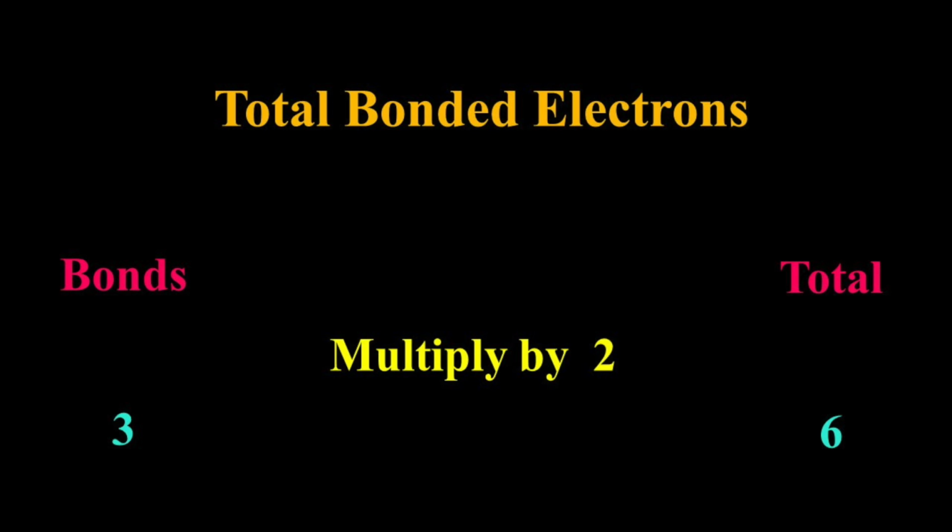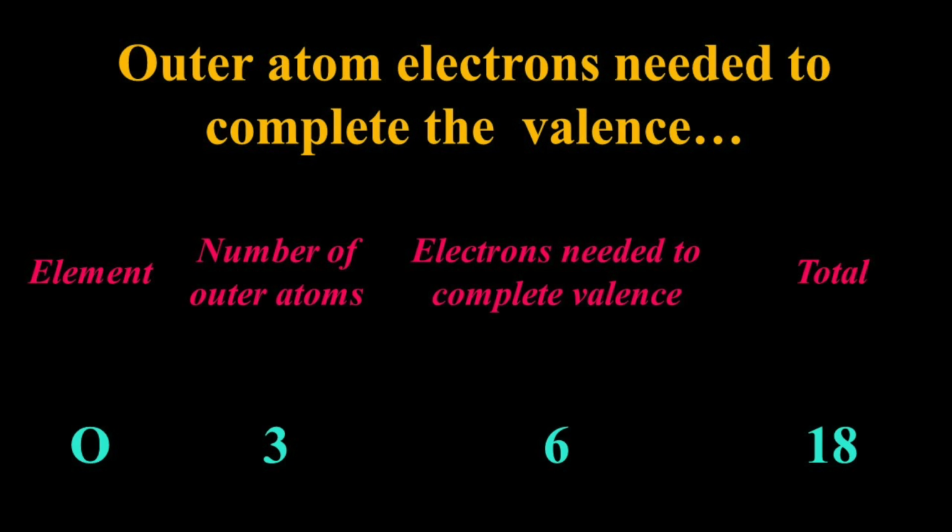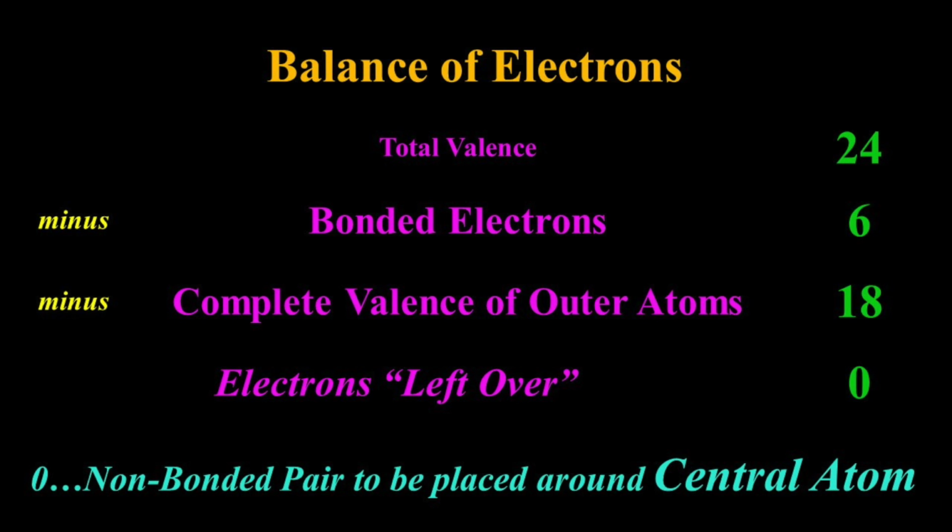That's 6 total electrons for the bonding, and then 18 for completing the valence. So that's going to be 24 electrons. We're going to subtract 24 from 24, and we will get 0.